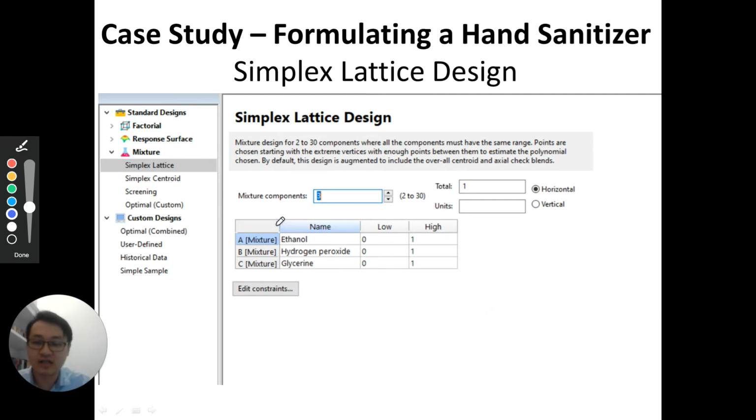So from here, the mixture component is 3, and I key in ethanol, hydrogen peroxide, and glycerin as the main components in the hand sanitizer. So we use the coded value, which is 0 and 1, and the total will be 1 for the overall formulation, which is 100%.